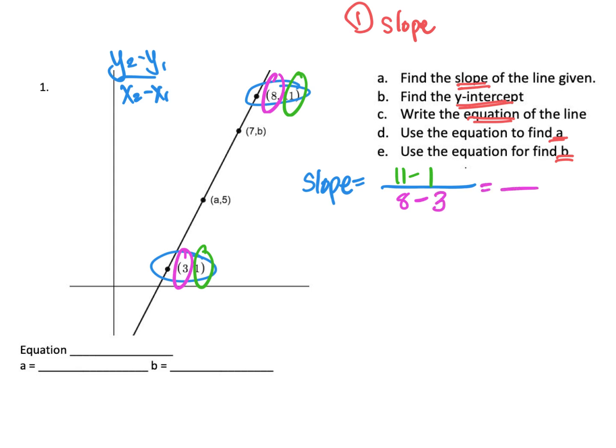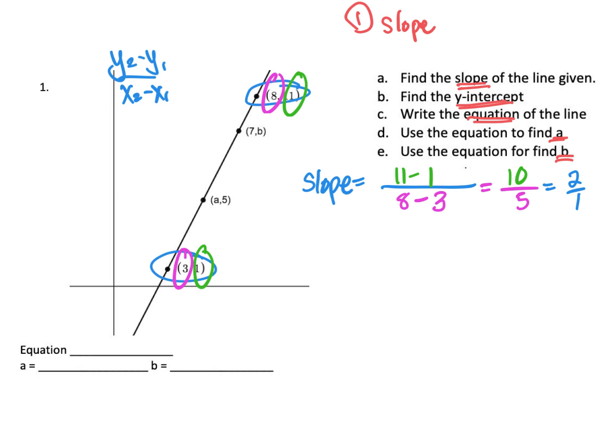So grab your calculator, and we're going to do 11 minus 1, which is 10, and 8 minus 3, which is 5. Put it in your calculator, tell it to simplify, and you are going to get 2, or if we want it in fraction form, 2 over 1.